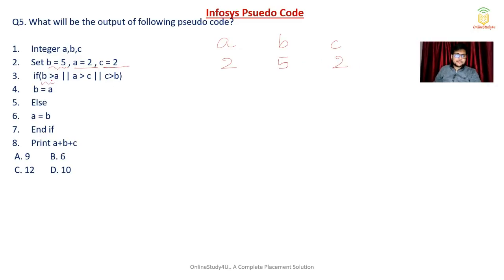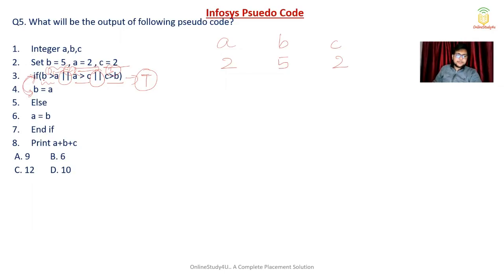Now we have to check if B is greater than A, or A is greater than C, or C is greater than B. So the concept of the or operator is that if either of these three conditions is satisfied, we will come inside the if. It requires only 1 out of 3 conditions to be satisfied for the if to return true, or we come inside the if block.